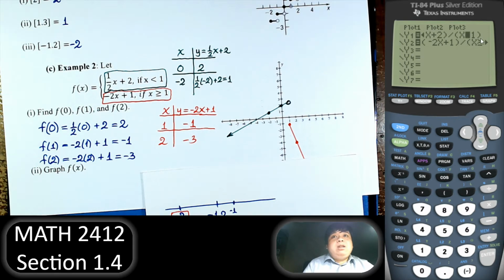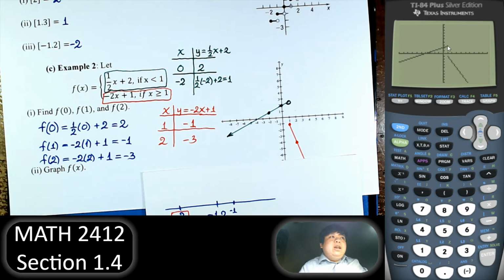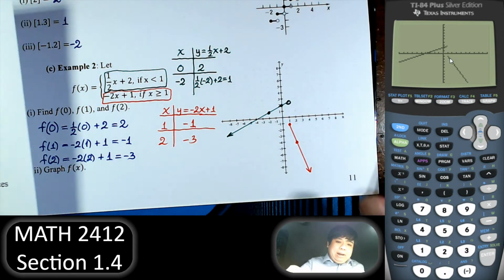We cannot divide by 0, so in that case, it's undefined. If it's undefined, it will not graph any points. It will only graph the points where it is defined. So we use this trick. When it is true, it will graph the function. When it is false, it will not graph the function. And we just divide by the logical statement there. So that's nice and all, but still, the graph did not give us an empty circle or the solid dot. That's why we have to do it by hand.